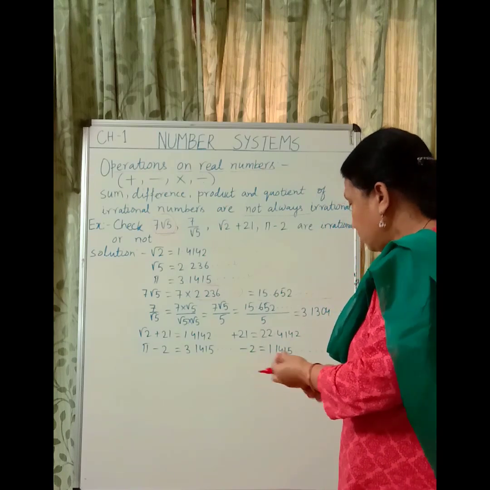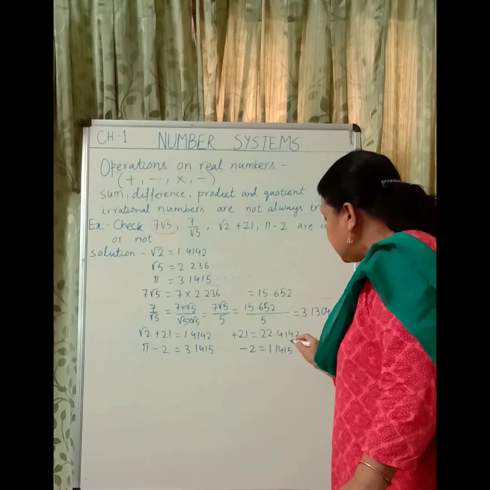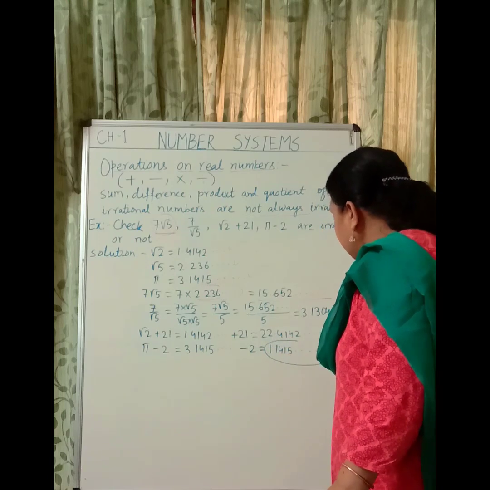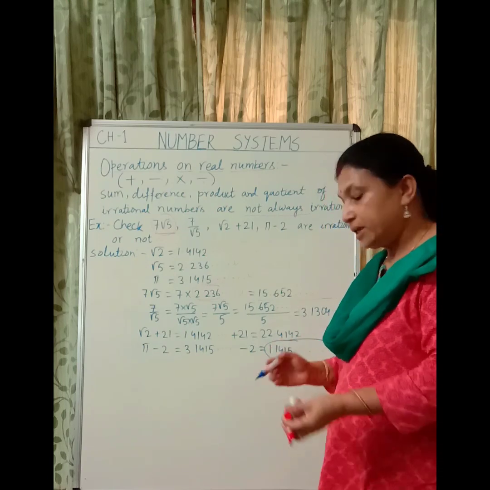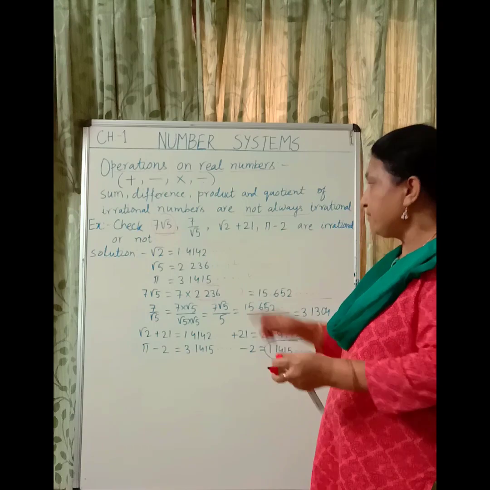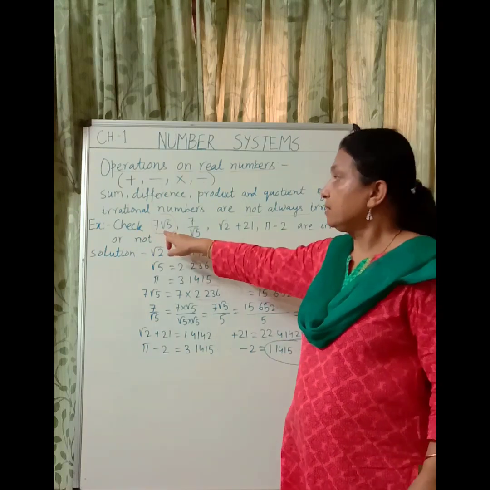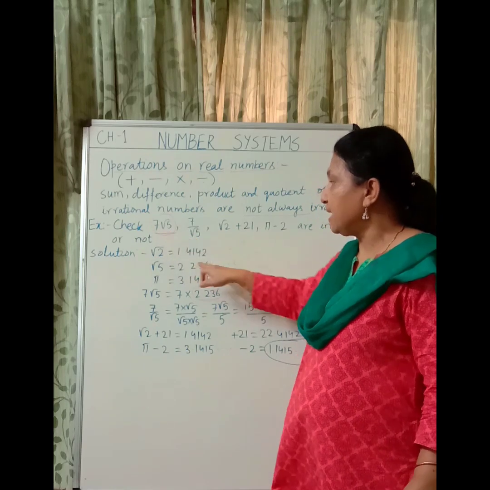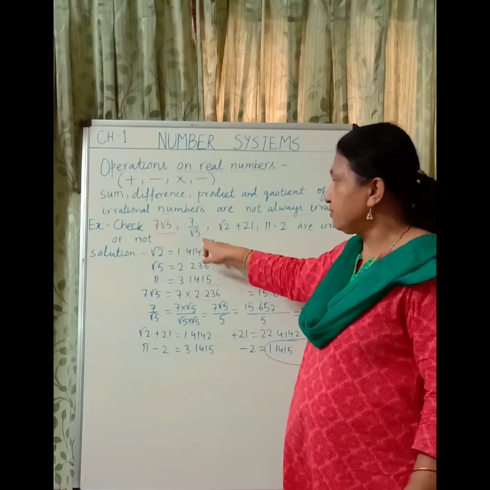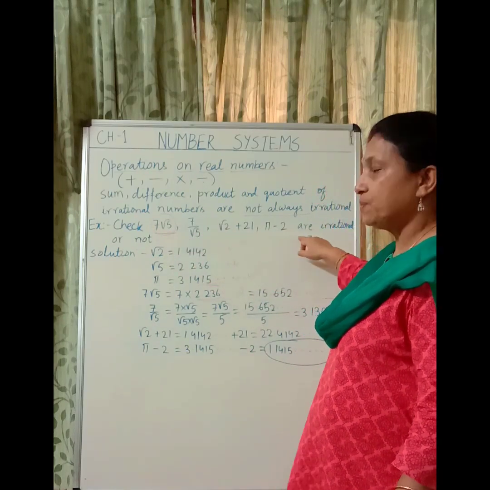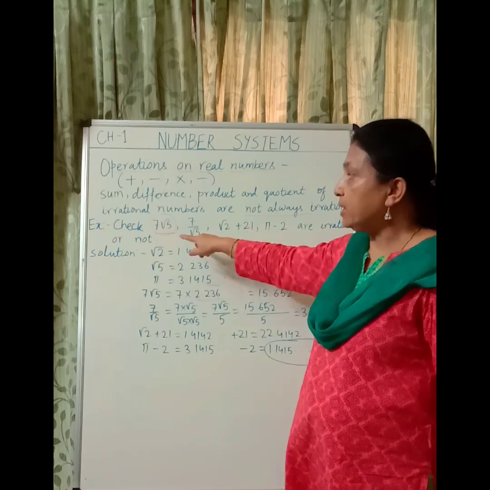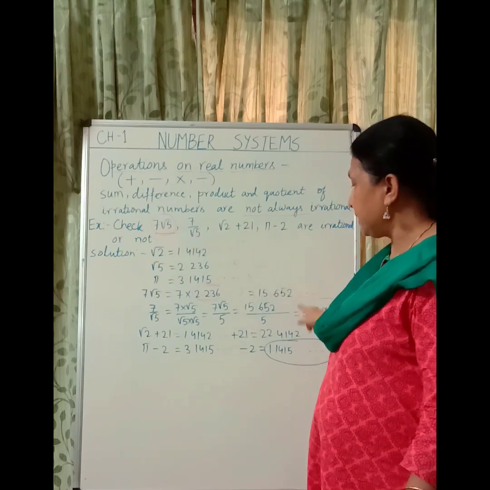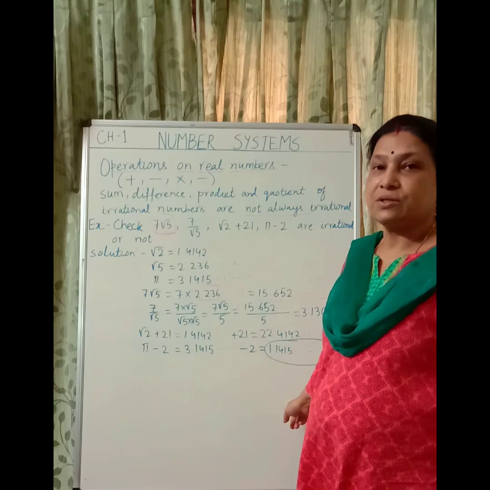Here also we can see the decimal expansion of this number is non-terminating, non-recurring. So what types of numbers are there? Multiplication of a rational number with an irrational number, here it is division, here it is addition, here it is subtraction, of the irrational numbers, we are getting irrational numbers.